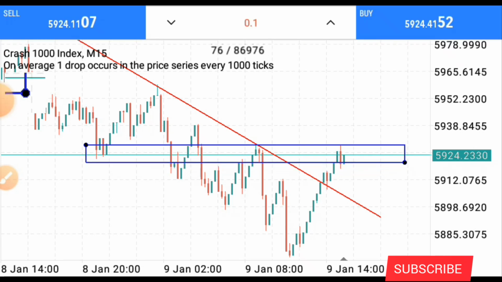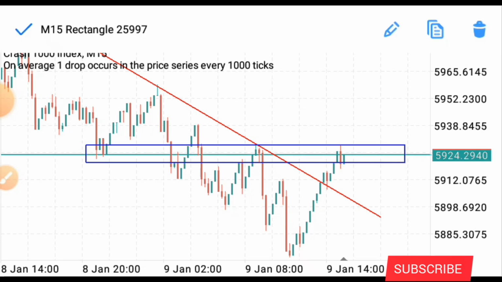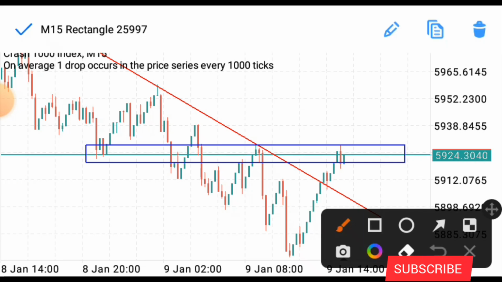So this is what's happening. You can see the price is currently in a support and resistance zone, kind of struggling in this area right now, and here's what I believe will happen. It's either price will bounce down, come down to this area of our trend line.